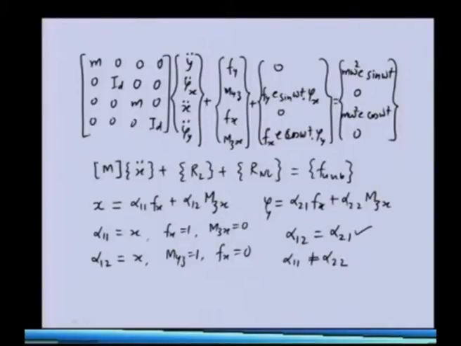Now, with the help of these two equations, let us say this is the fifth equation and this is the sixth equation, they can be combined in the following way. I am writing those two equations in one matrix form.